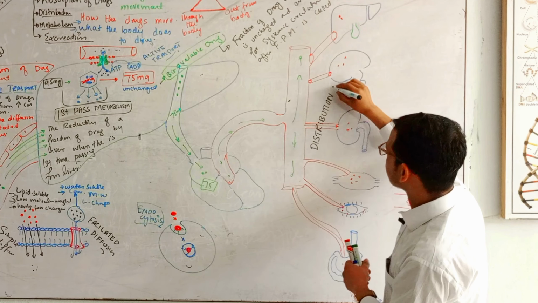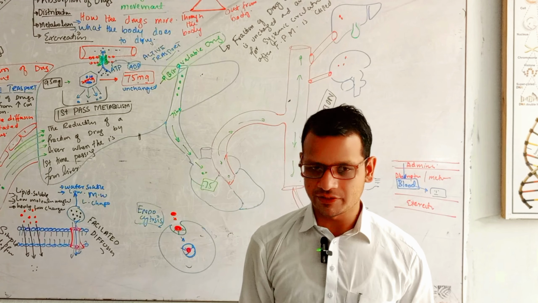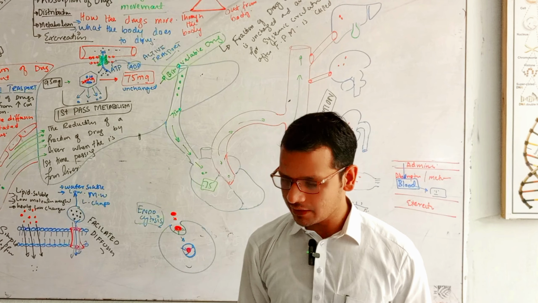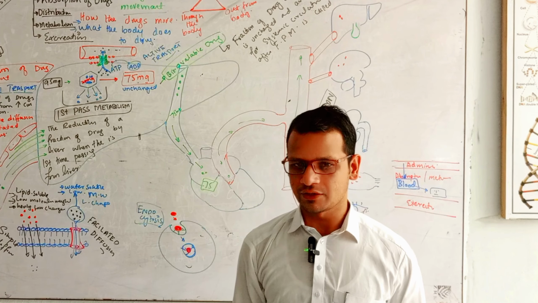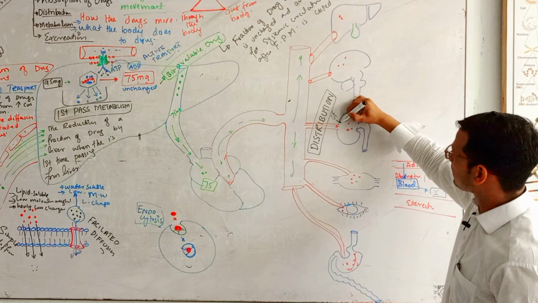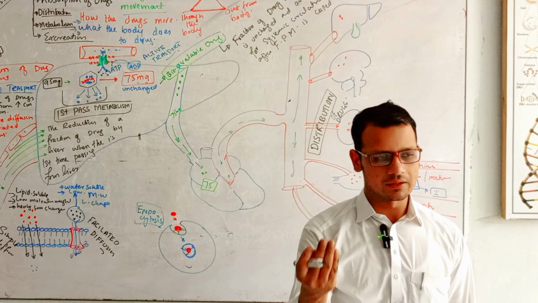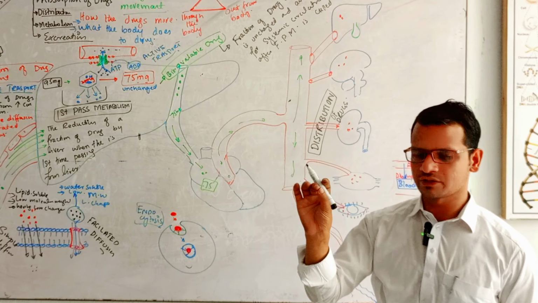Now, in distribution, we will discuss the volume of distribution, the clearance, and the factors affecting distribution of drugs, right? This is your separate chapter, distribution of drug. Having volume of distribution is very important.